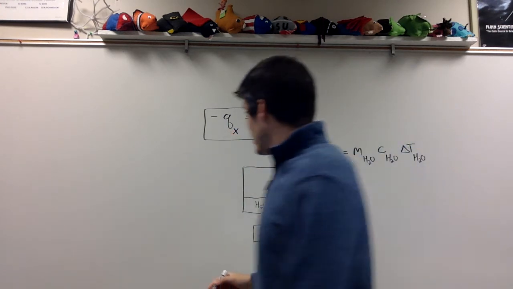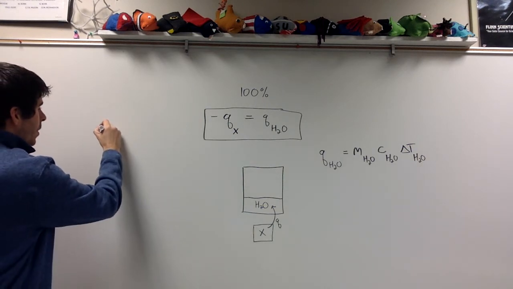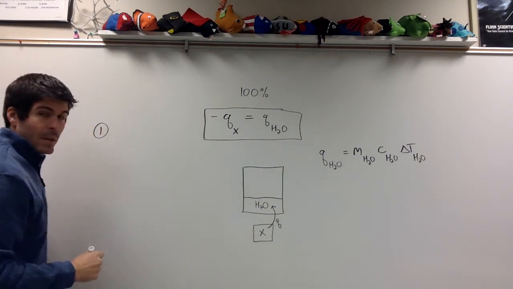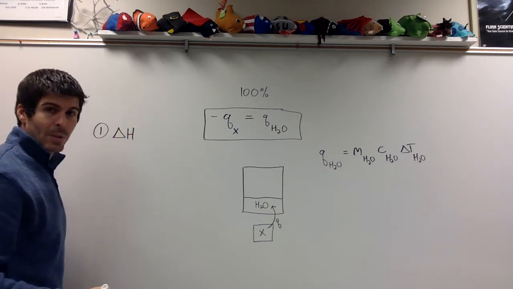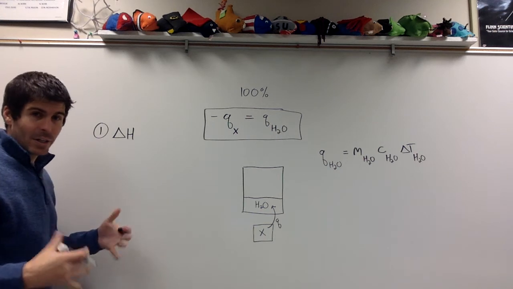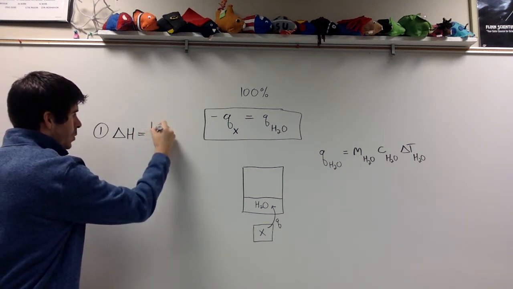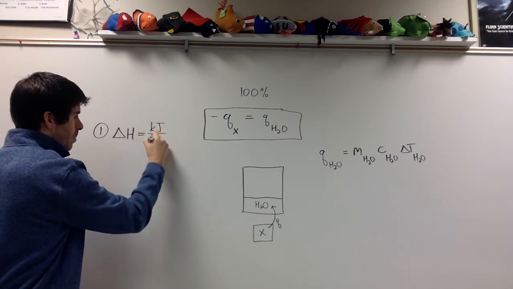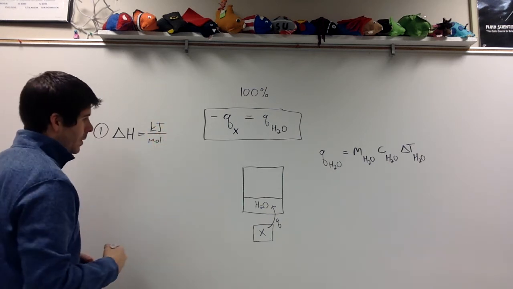Now there are two things we can do with substance X. The first one is an enthalpy problem. Delta H is a new term that talks about the heat energy in an object. The units on this are kilojoules, usually per mole, or we can say kilojoules per gram sometimes if we have an unknown.